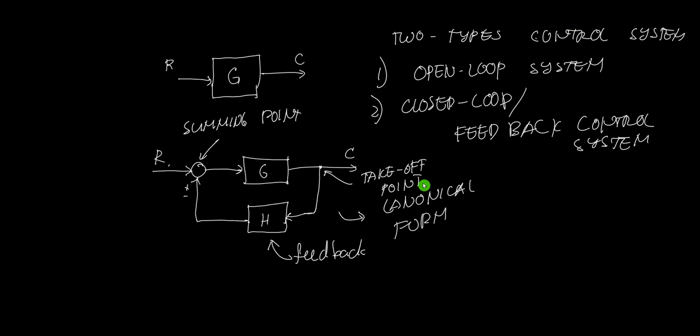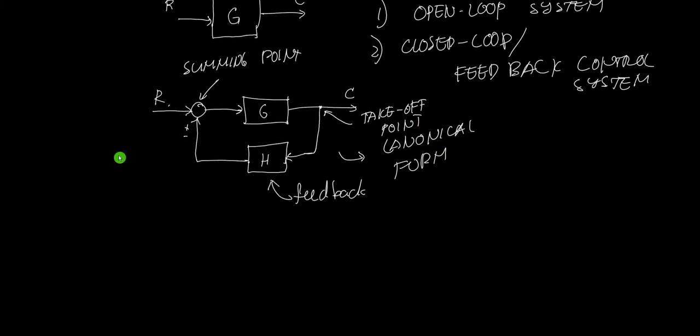What is a takeoff point? A summing point: some books use a symbol just like this one, this is a summing point. If we have more than two signals coming in, then we have here an output.